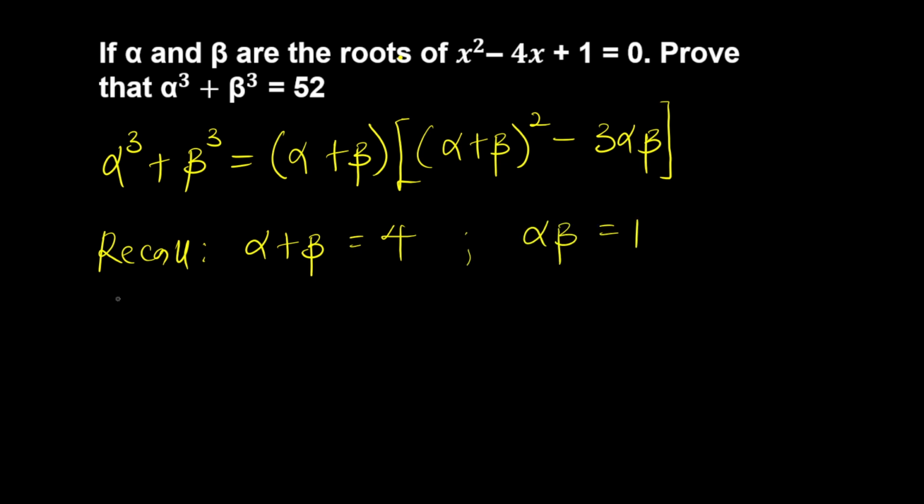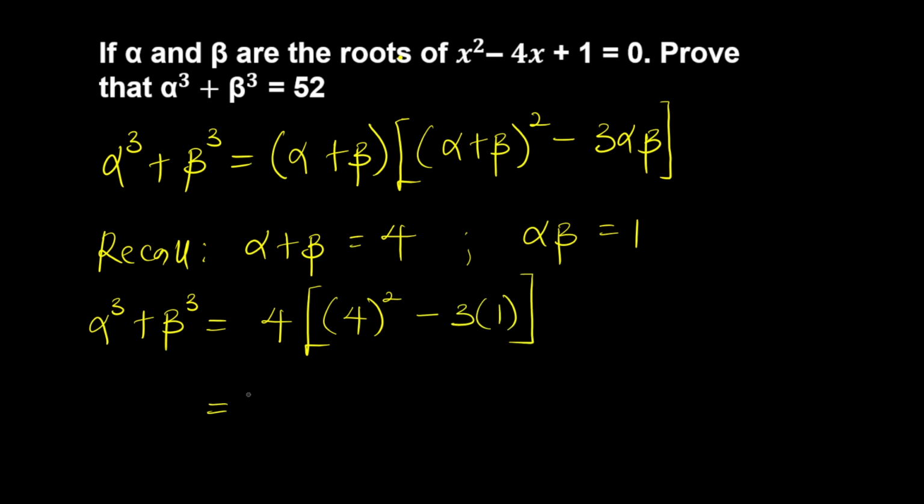So if we must substitute, we are going to have alpha cube plus beta cube will be equal to sum of roots, which is 4 into 4 squared minus 3 multiplied with 1. This is going to yield 4. Recall the exponent tells us the number of times the base repeats itself. So 4 squared is same thing as 4 times 4, which is 16, minus 3.